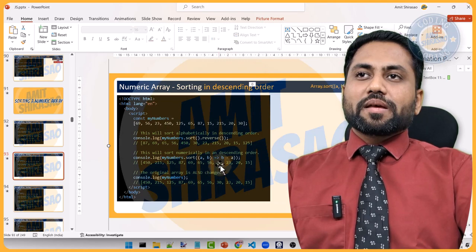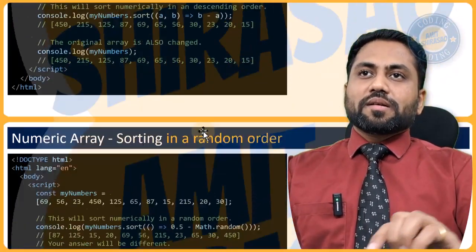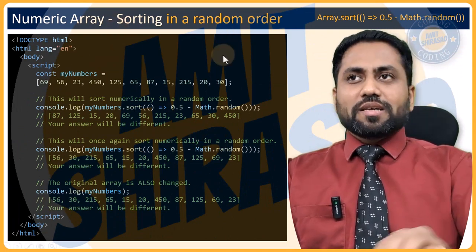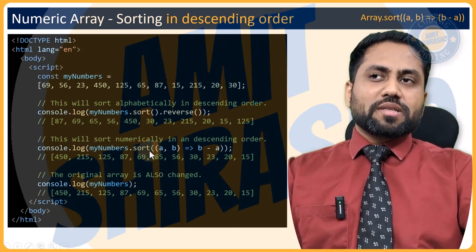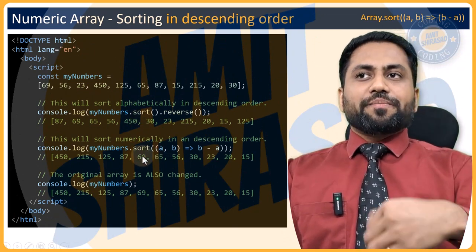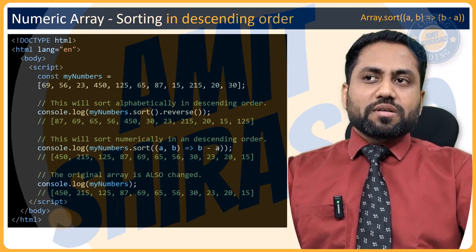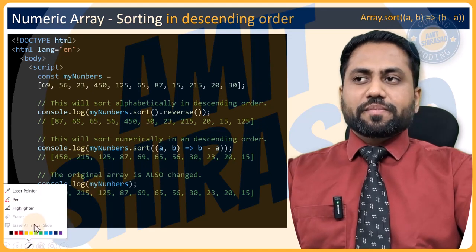Okay, then let's go next. Descending order also, once again, if you use toSorted, then toSorted would keep the original array intact.